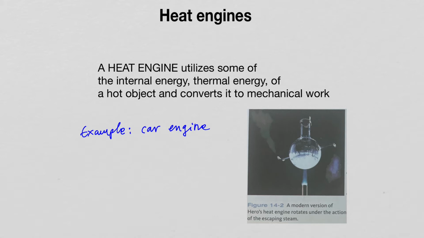The only ways for the steam to exit the vessel is through the two arms. So we have steam coming out in one direction and then steam coming out in the other direction, which causes this device to rotate, like so. So the heat source is the hot steam inside the vessel, and the device is the heat engine that converts this heat to mechanical work, which in this case is rotation.